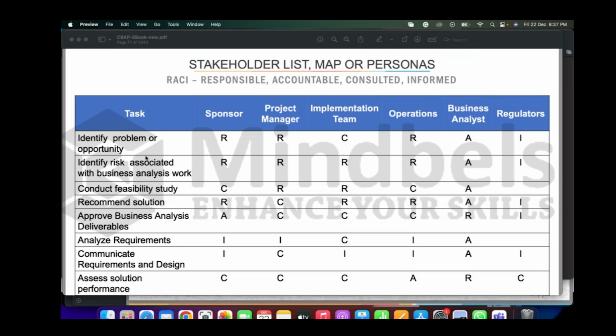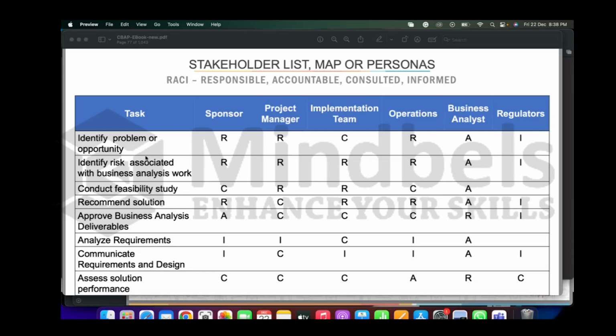Whenever there's a task built, you have designed the task list, and at the same time, who all are part of your stakeholder list: sponsor, project manager, implementation team, operations, BA, and regulator.